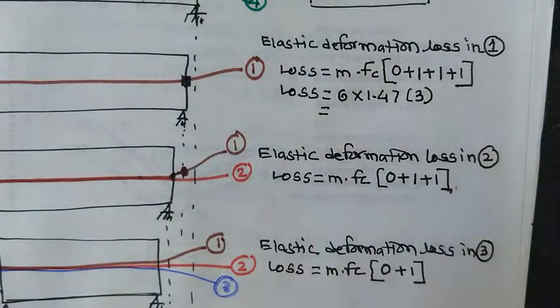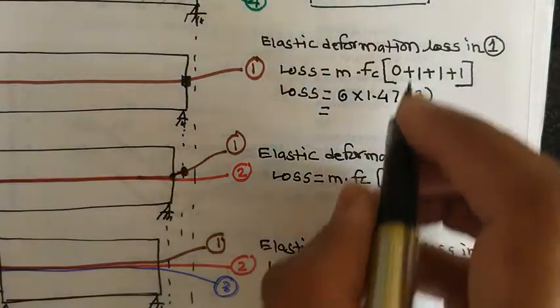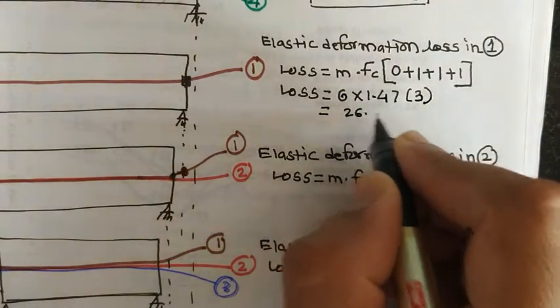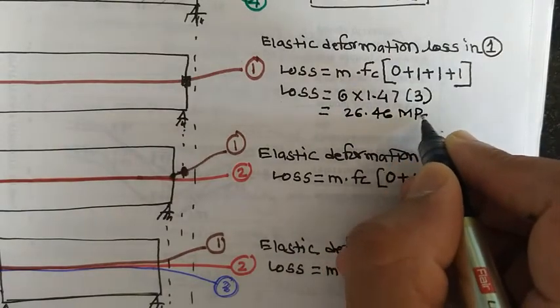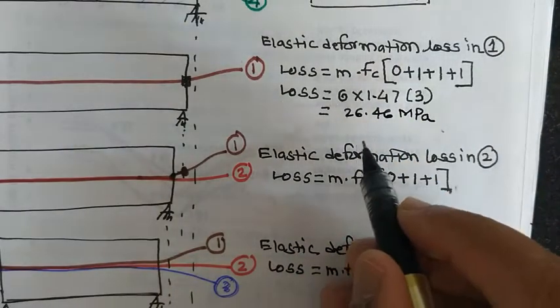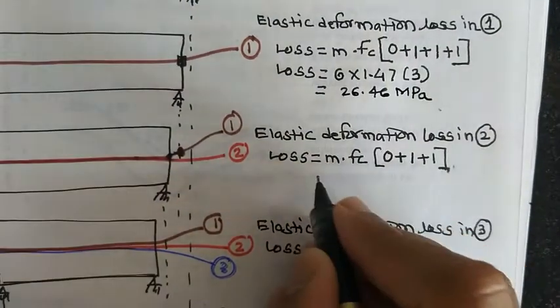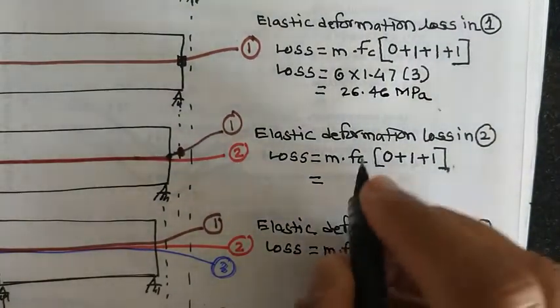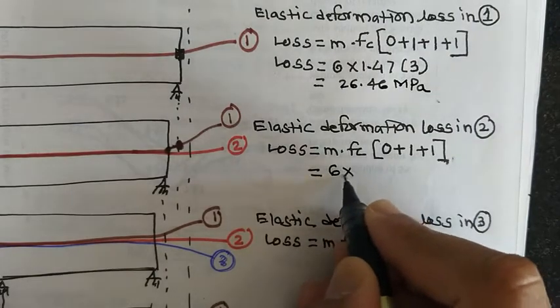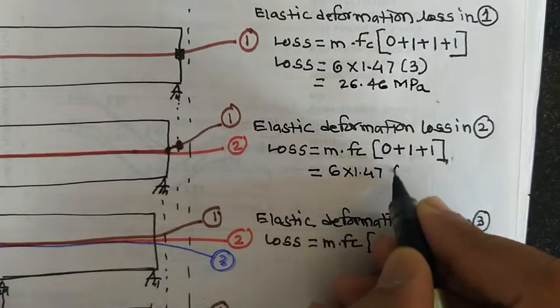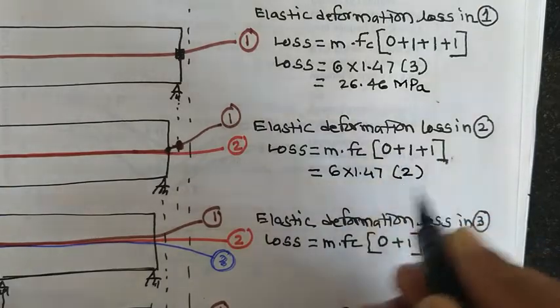The value is 26.46 Newton per mm square, or megapascal, the elastic deformation loss in the first wire. The elastic deformation loss in the second wire is m is 6, fc is 1.47, multiplied by 2, which is 17.64 megapascal.